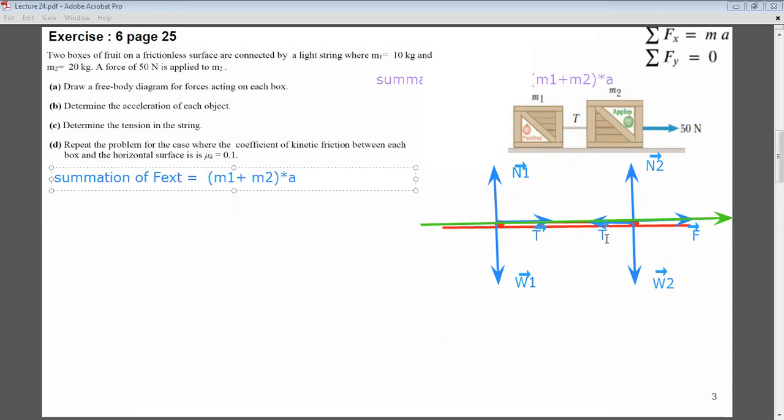I have the tension, but tension is not counted. It is an internal force.